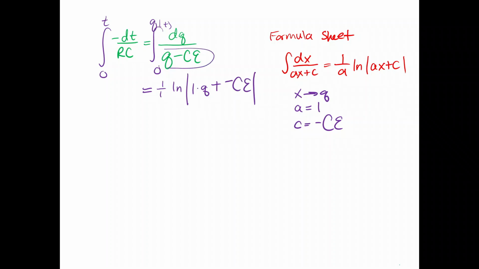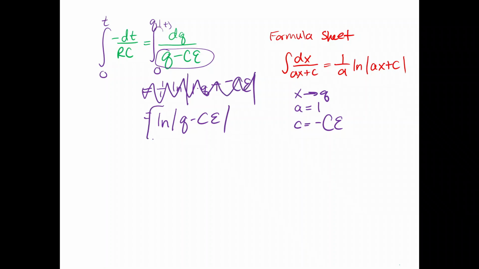So like I said, it's a little bit easier to use than having to do anything really complicated. Plus, it makes it look like how we want it to. So really, this is just natural log of our denominator, q minus CE. That's really all that is, okay? That's how you use that function.